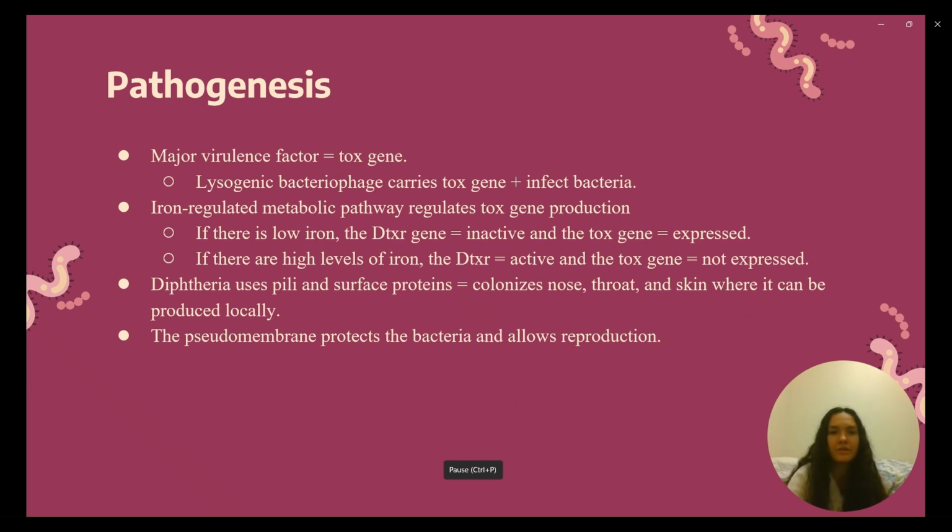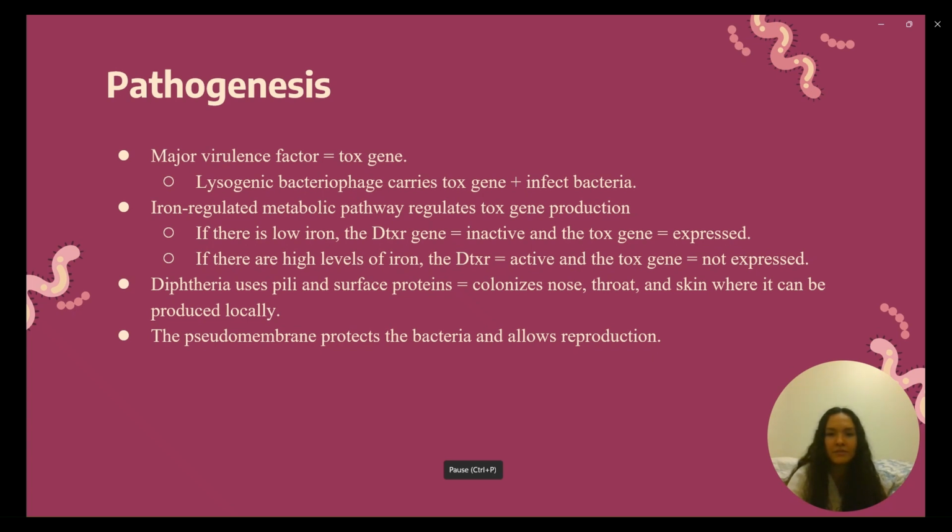The major virulence factor of diphtheria is the tox gene. The lysogenic bacteriophage will carry the tox gene and will infect the bacteria. The iron-regulated metabolic pathway will regulate the production of the tox gene. If there is low iron, the DTXR will become inactive and the tox gene will be expressed.